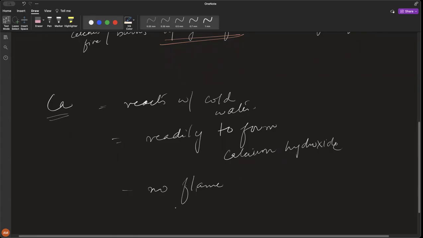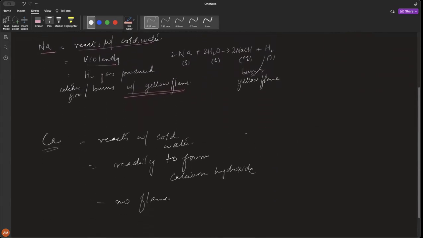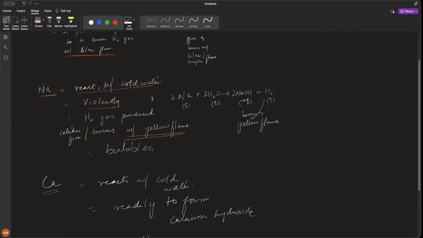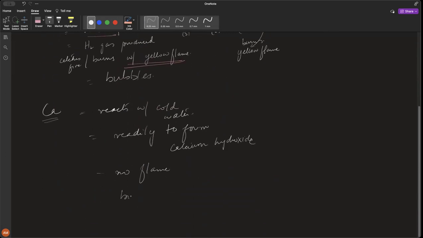Okay. For all of these three reactions, one of the observations is the color, and the other observation for all of them is bubbles or effervescence, right? And here, it's only bubbles of hydrogen gas, right? And then you can do the hydrogen gas test, which is called the squeaky pop test.